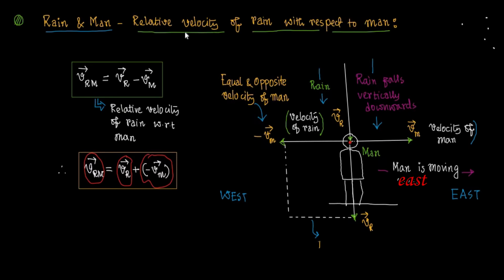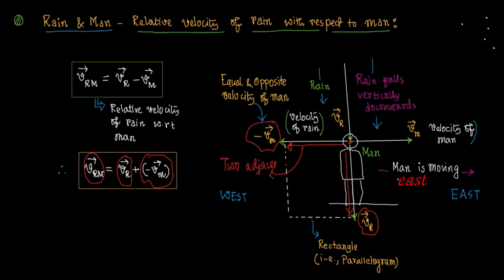The velocity of the rain, vector vr, and minus vector vm are represented in magnitude and direction by the two adjacent sides of this parallelogram, or of this rectangle.